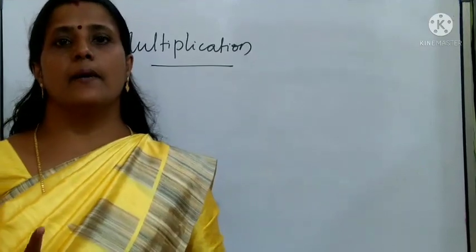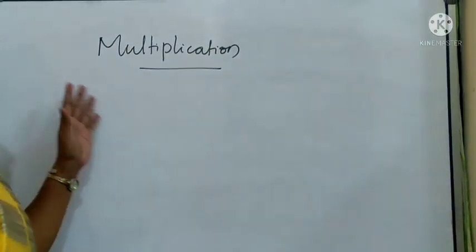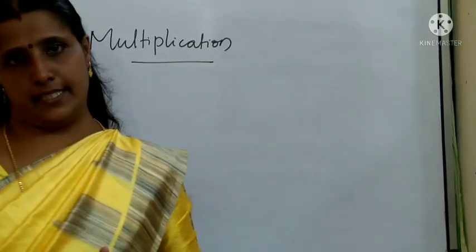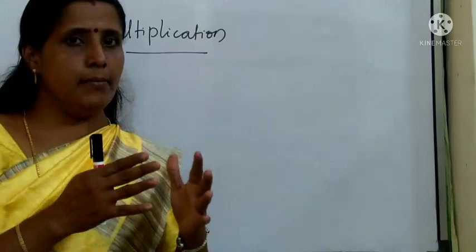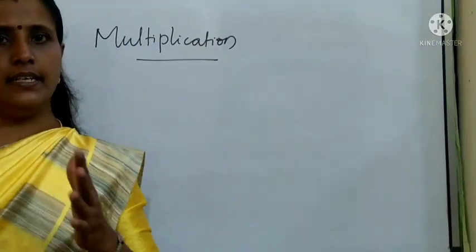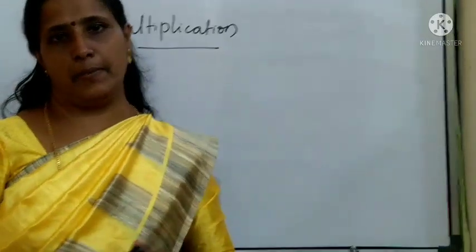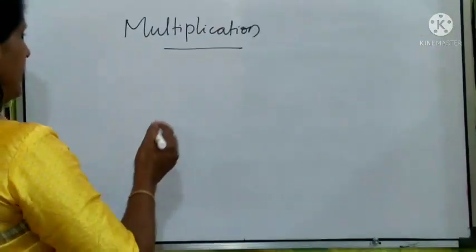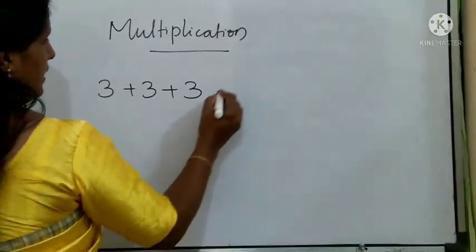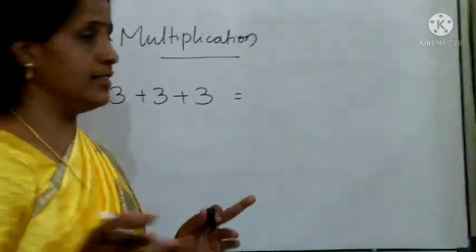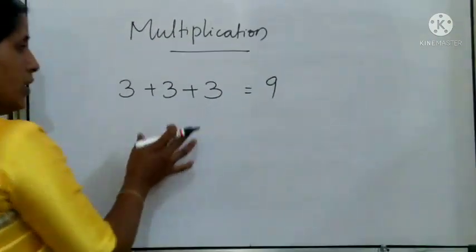Our topic is multiplication. Multiplication means repeated addition. What is meant by repeated addition? If the same number is repeating a particular number of times, there we use multiplication. For example, here I write 3 plus 3 plus 3. What is the answer? 3 plus 3 is 6, 6 plus 3 is 9.